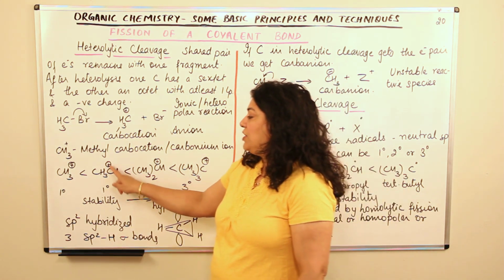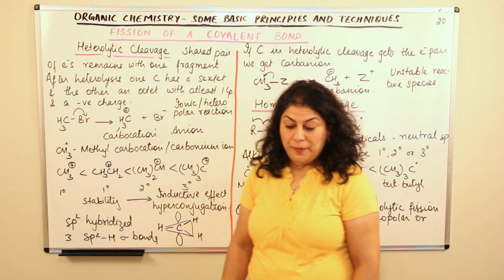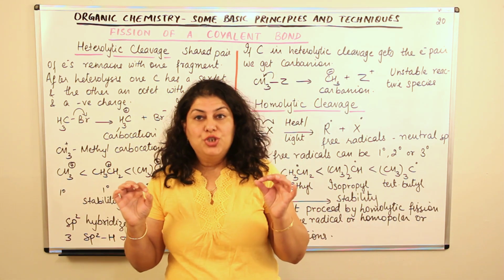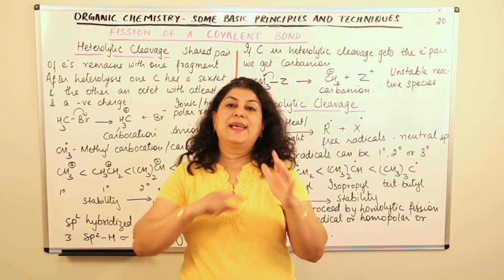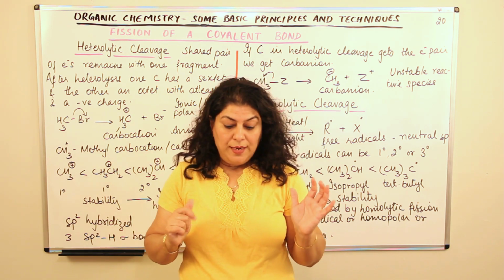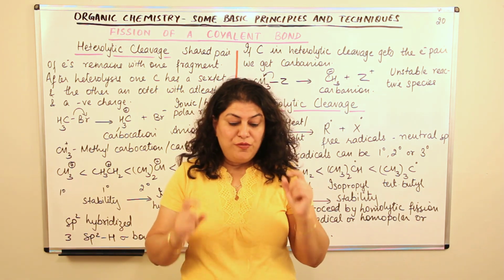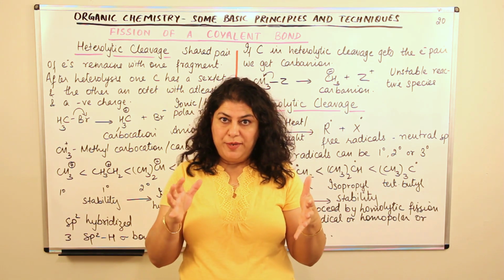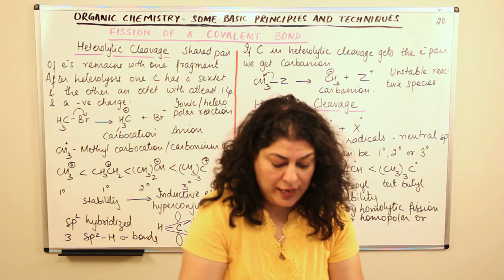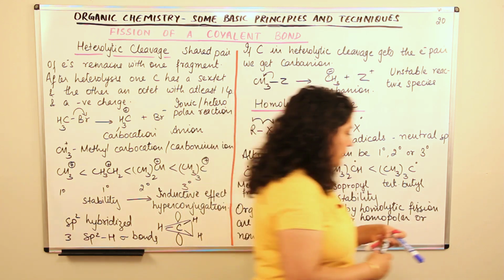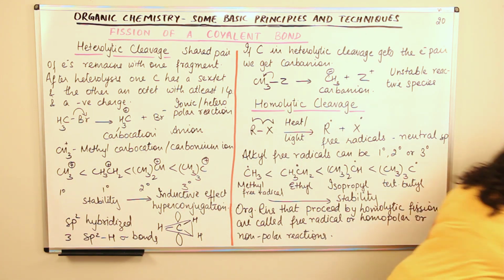Now this carbon, which bears the positive charge, should form 4 bonds if it is sp3 hybridized, like you have in methane. The 4 bonds should be sp3 hybridized, and you have 1, 2, 3, and 4.